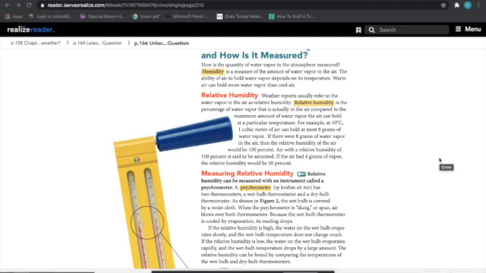If there is 8 grams of water vapor in the air, then the relative humidity of that air would be 100%. Air with a relative humidity of 100% is said to be saturated. If that same 1 cubic meter of air only had 4 grams of water vapor at that 10 degrees Celsius temperature, the relative humidity would be 50% because it's holding half the amount of water that air can actually hold.